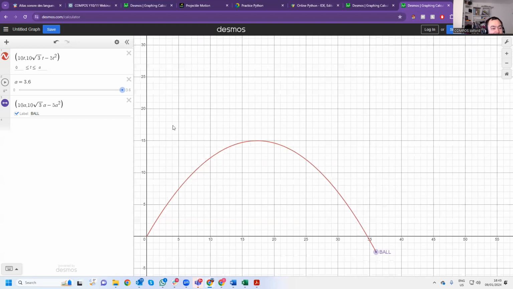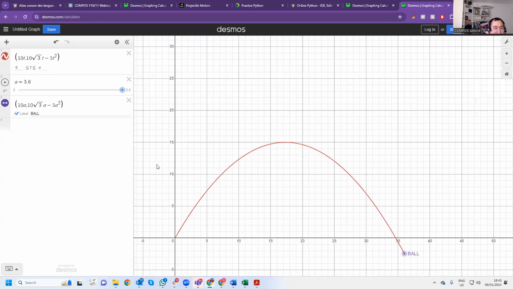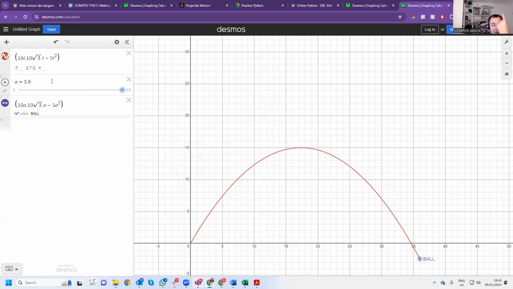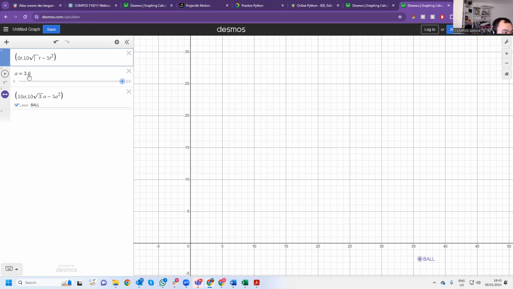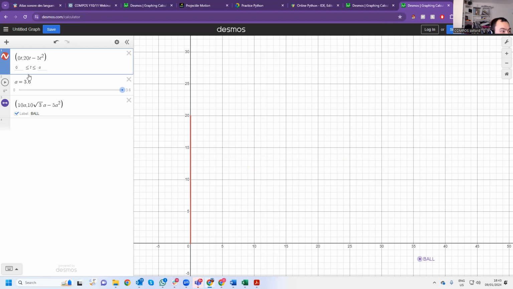Now, so we're shooting a ball. Let's see if we can model the ball traveling at a 0-degree angle, so it's vertically up. So what do we change? Well, we change the horizontal velocity. Horizontal velocity becomes 0, and the vertical velocity becomes 20. Same thing here, 0, and this becomes 20.